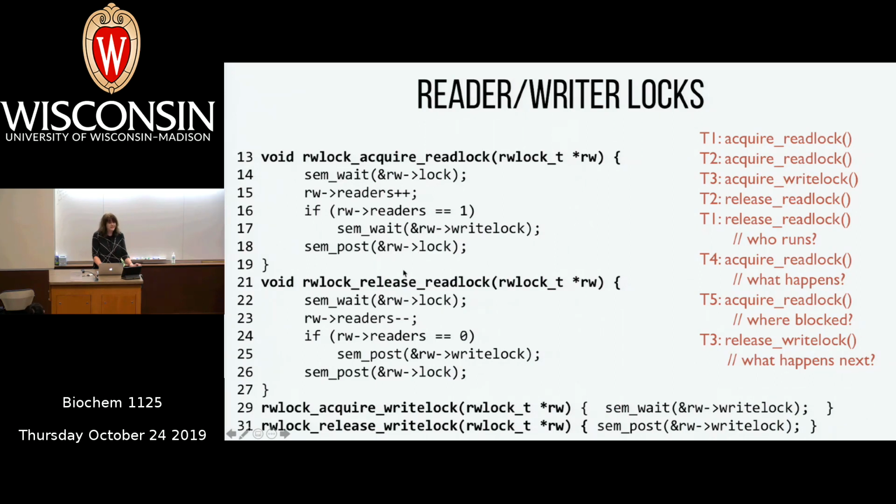And once it does that, then that reader, T5, that was stuck over here, gets to run. It'll increment the number of readers to be 2. It'll see that it doesn't have to worry about the write lock, and it just continues. So all of the subsequent readers, after the first reader got stuck here, just pile up waiting to grab this lock. But once the first one releases the mutual exclusion lock, they'll all be able to run and grab the read lock.